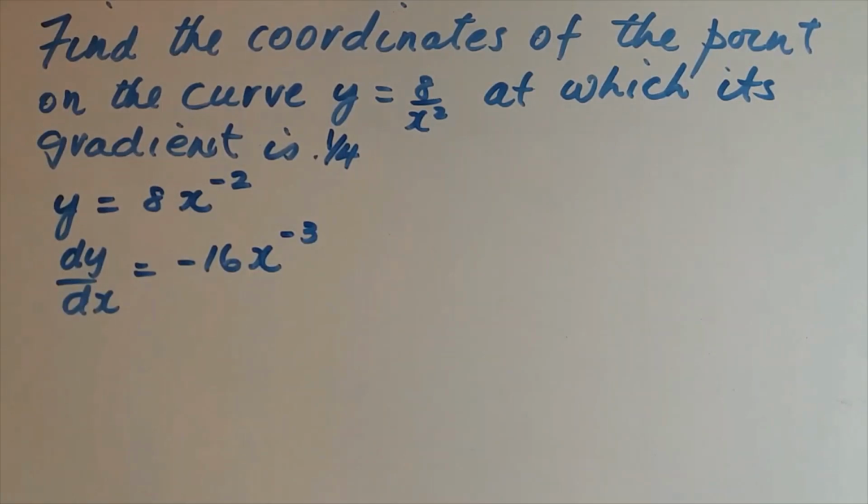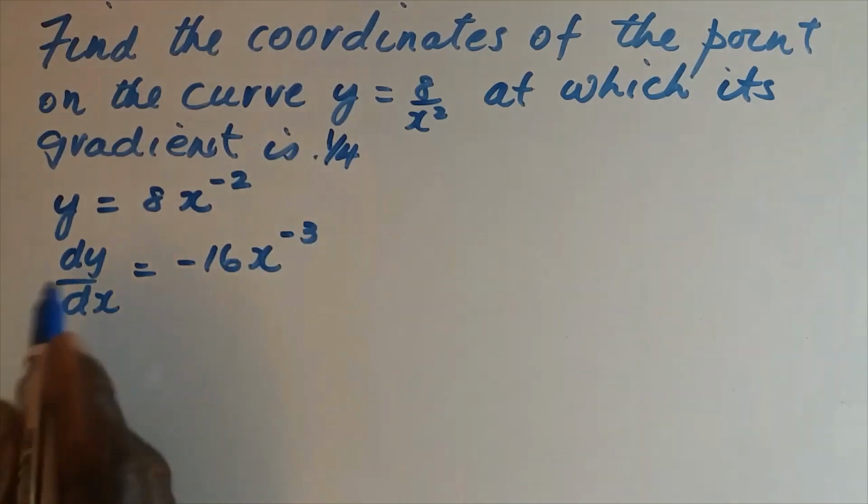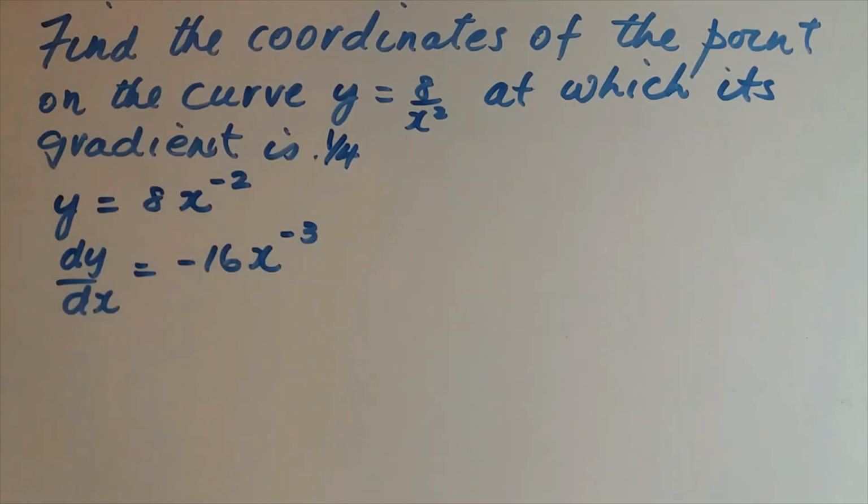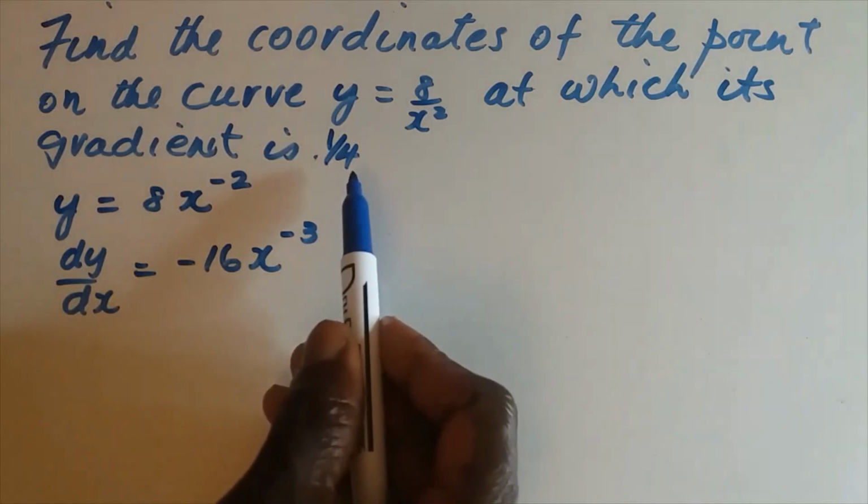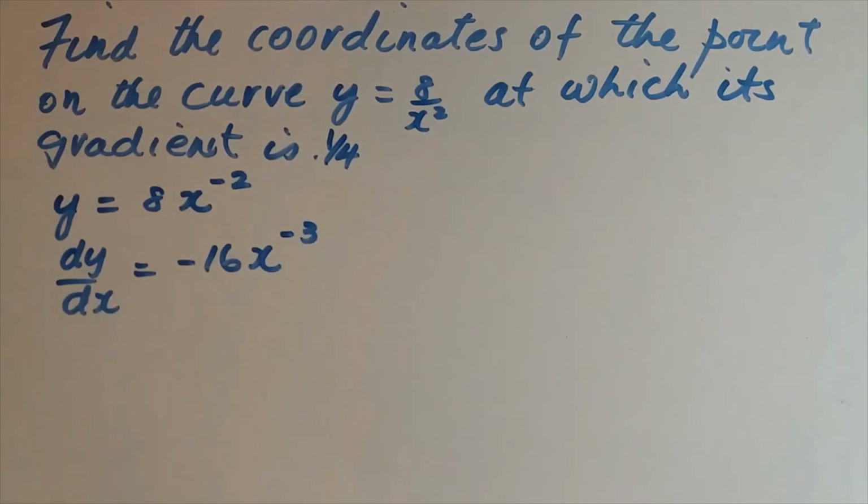So we're also told that the gradient is actually a quarter. So now we can equate. We know that the gradient is minus 16x to the minus 3, and we have been told that the gradient on that curve is a quarter.